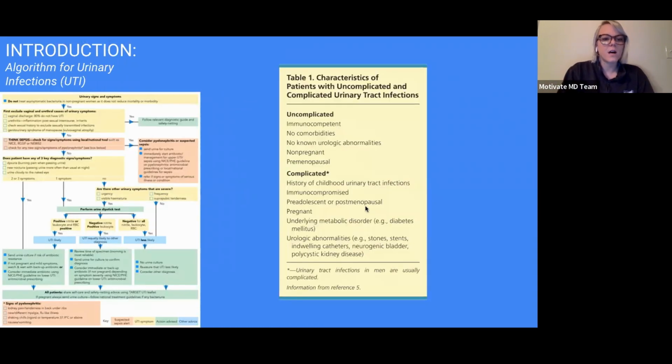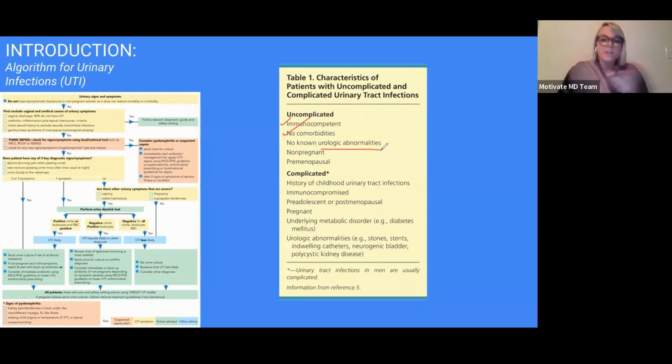Here's another slide that touches on the same thing. When we talk about complicated versus uncomplicated, it's important to know what normal is. Normal is immunocompetent patients. They don't have any comorbid conditions. They don't have urologic abnormalities, so no stents. They don't have polycystic kidney disease.